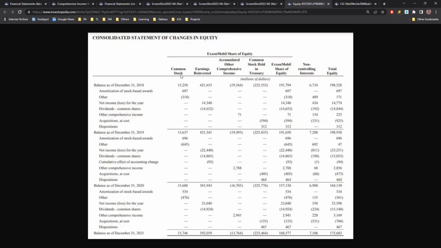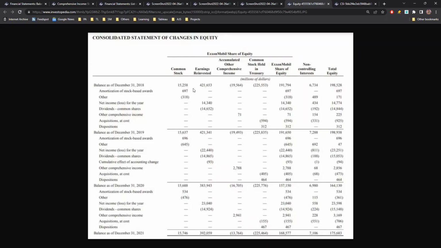Something called preferred stock is also there, but in this particular example we are not able to see it. Different companies may have different elements based on how their equity is split up, but eventually the total equity should match up.